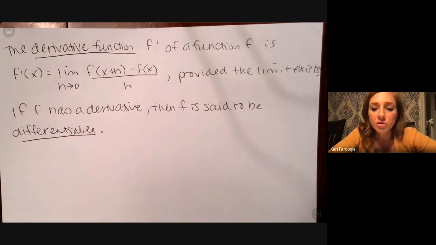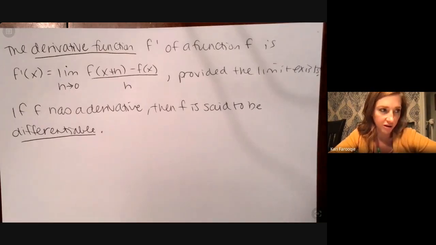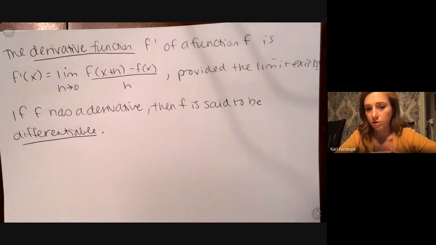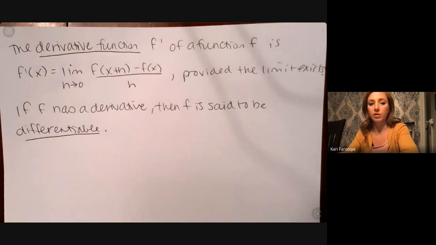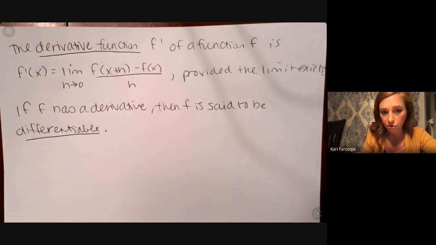We're going to be using that term a lot, especially as we head into chapter 4 and chapter 5. We're going to be given lots of theorems that say, if your function is continuous on this interval and differentiable on that interval, what it means to be differentiable is that the derivative exists. So when we talk about being differentiable on an interval, we just need to verify that for every point in that interval, the derivative exists.